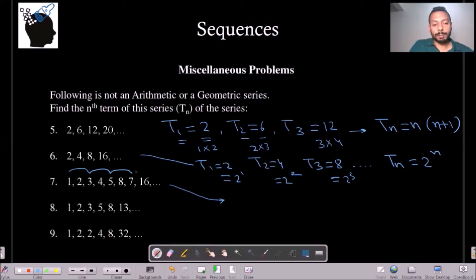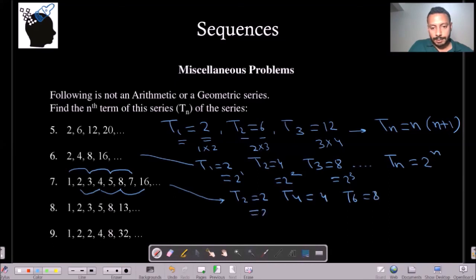So for the odd number of terms, we know it is directly the term number. So that part looks straightforward. What happens when it's an even number term? So T2 is 2, T4 is 4, T6 is 8. That's interesting. And T8 is 16. So let's write that one. T2 is 2, T4 is 4, and T6 is 8.